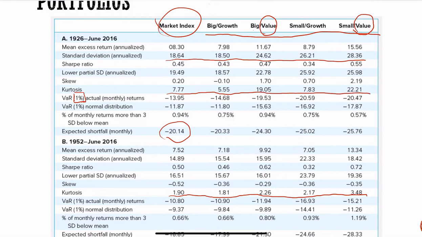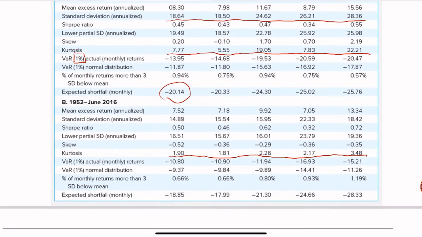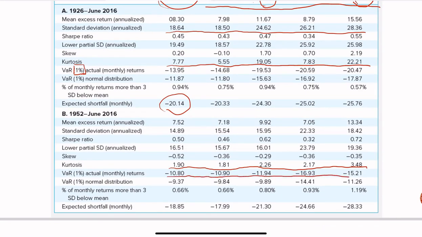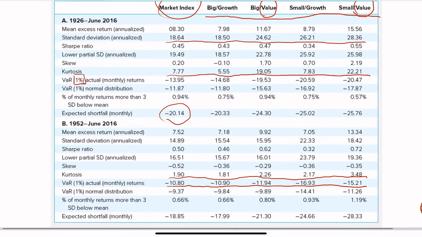So this is nice. It means that as an investor, you're less likely to get price jumps. And if you look at this VAR here, value at risk, it's actually larger, right? Again, this is nice. This also means that investment became less risky after the 1950s.